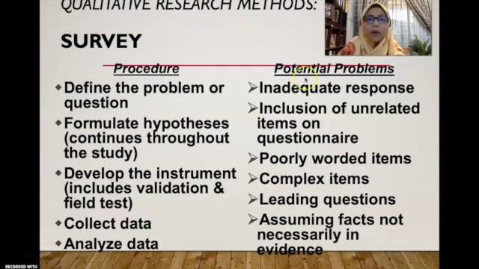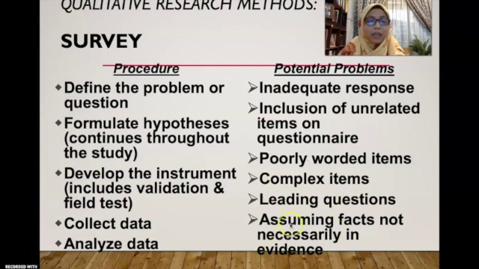So the potential problems that you may encounter while doing a survey in a qualitative research method is that you may get inadequate responses. Inclusion of unrelated items on the questionnaire: when you develop an instrument, you may include unrelated items. Poorly worded items, maybe because of complex items.